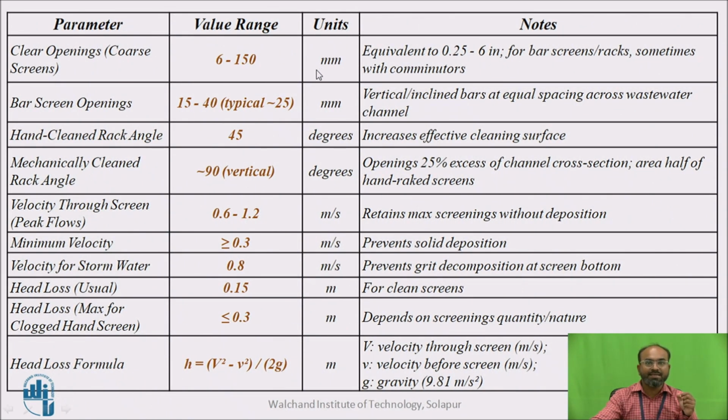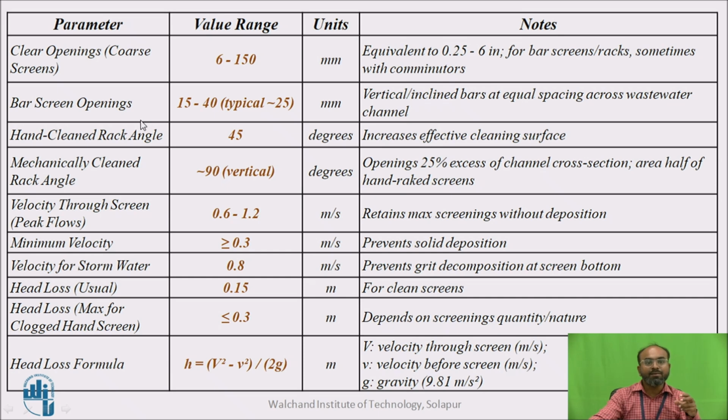Now, while designing the coarse screens, we must understand that a few parameters are there, and for these we have to assume a range or a value from the range. First of all, for clear openings in coarse screens, the range is 6 to 150 mm, which is equivalent to 0.25 to 6 inches.